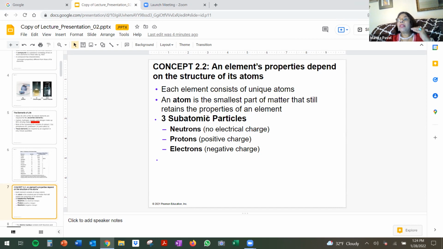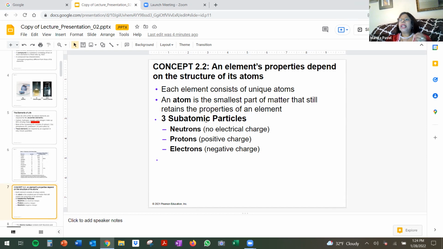They are all existing as atoms also. It's the smallest particle of an element, atom. If you're looking at a sodium atom, the smallest particle of that sodium element, which has the ability to retain the properties of sodium, is an atom.